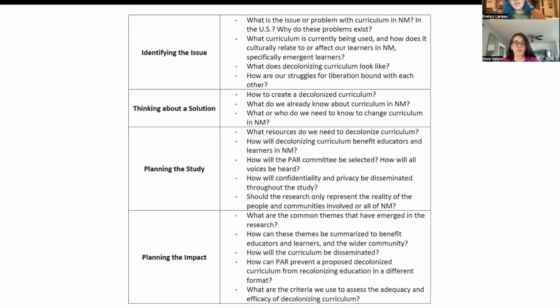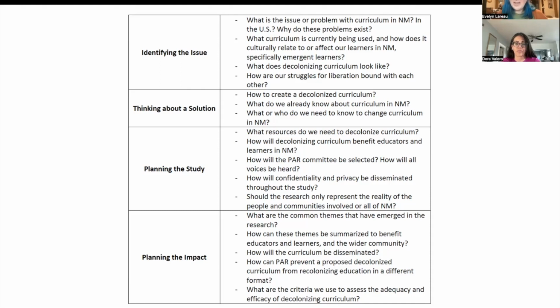How can participatory action research prevent a proposed decolonized curriculum from recolonizing education in a different format? That's my biggest fear. And I think I'll have a very strong limitations section in my dissertation about it. It's a really gray line, and it's very touchy.